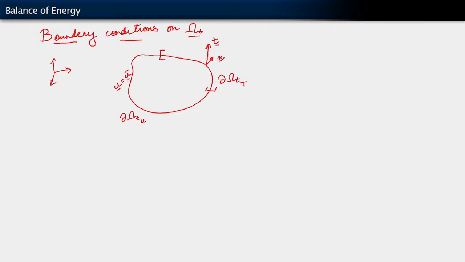So partial of omega t sub t is the traction boundary, and partial of omega t sub u is the displacement boundary.